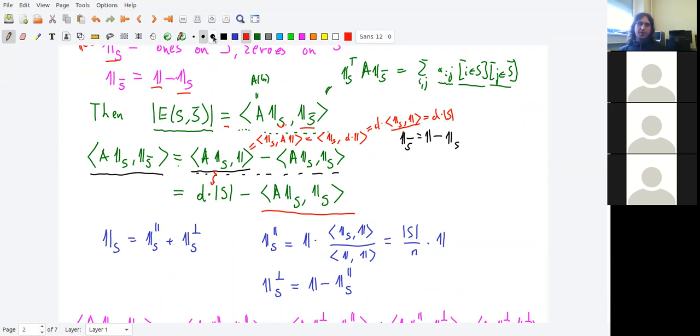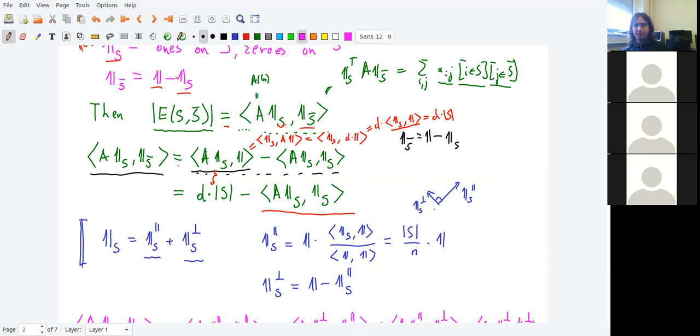So now comes the usual trick that we are doing. We are now decomposing the vector of ones on S into a parallel part and a perpendicular part, where the parallel part is the part that is parallel to the vector of all ones, and the perpendicular part is the part that is perpendicular to the vector of all ones.